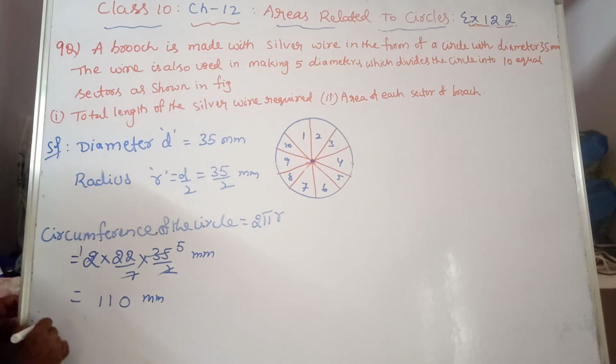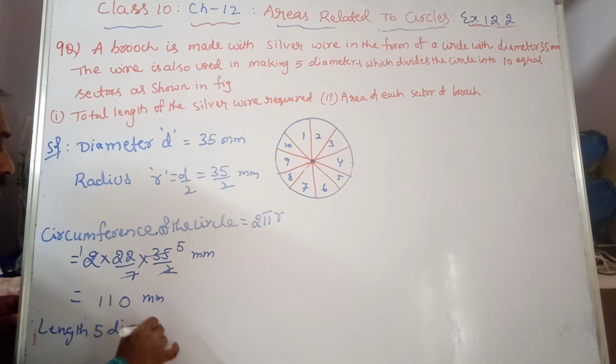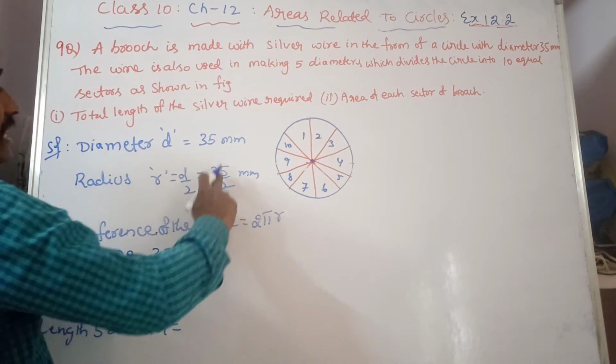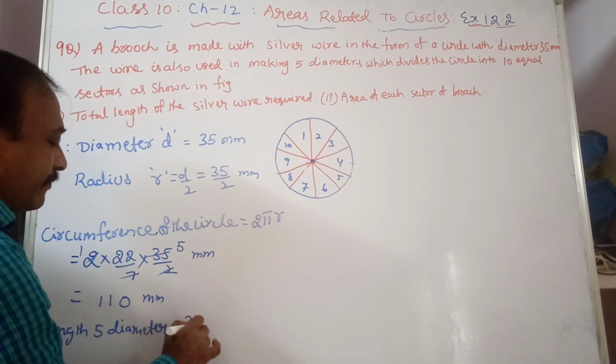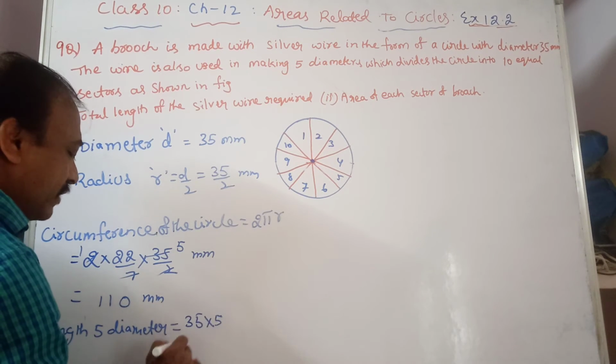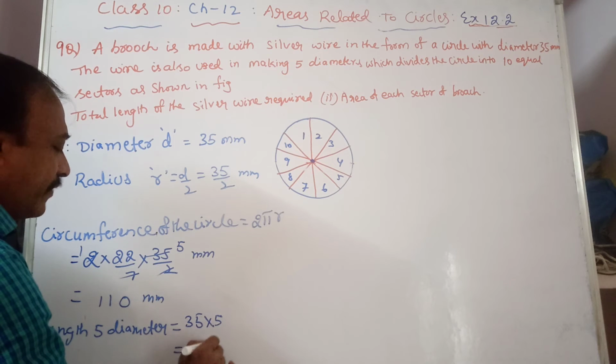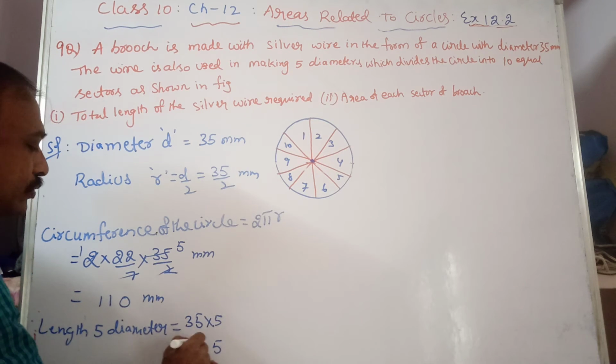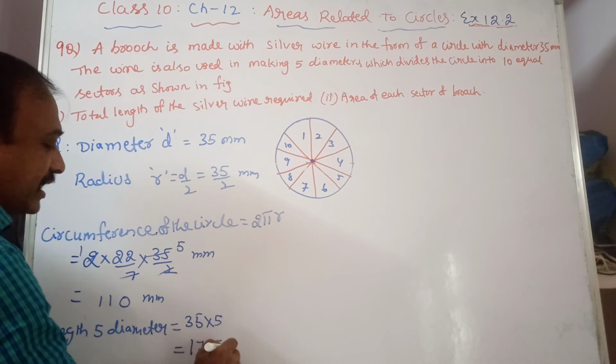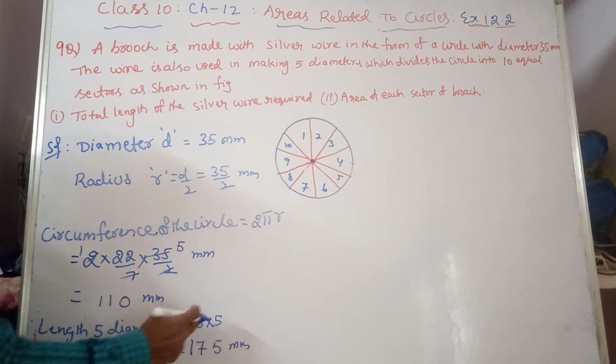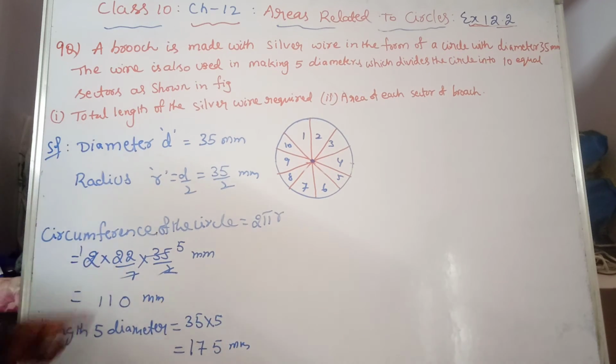Now the total length of 5 diameters. Length of 5 diameters is equal to, each diameter is 35, so 35 into 5, which gives 5 5s are 25, 5 3s are 15 plus 2 is 17, so 175 millimeters.